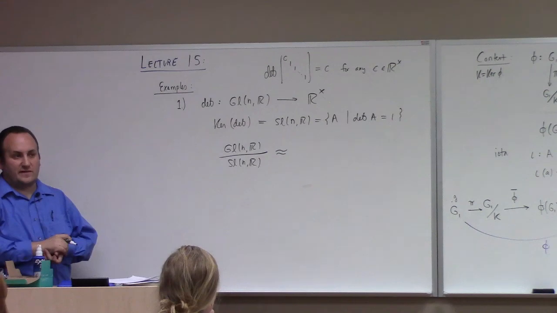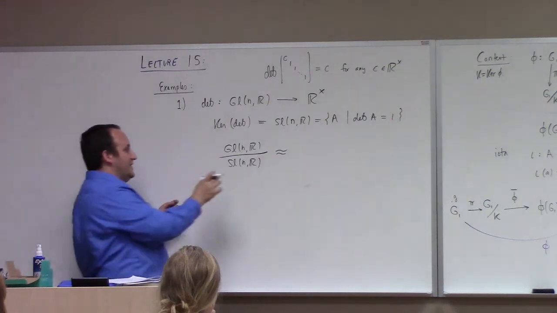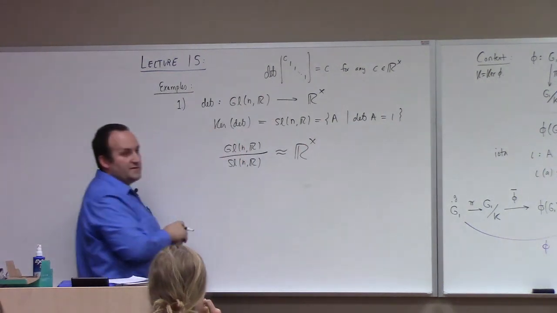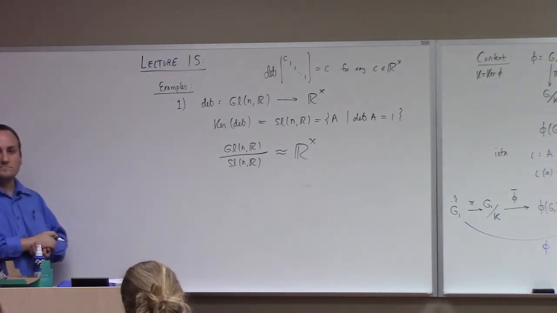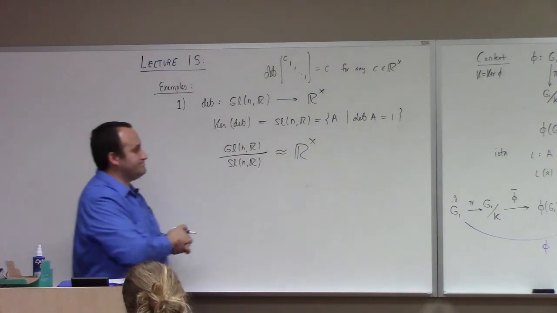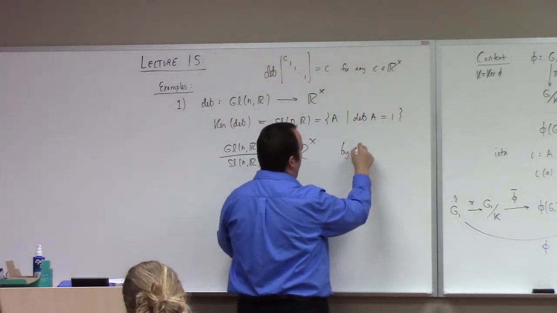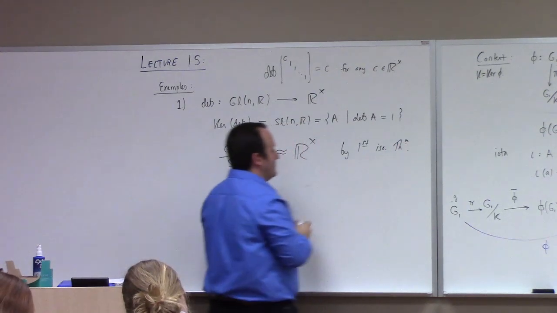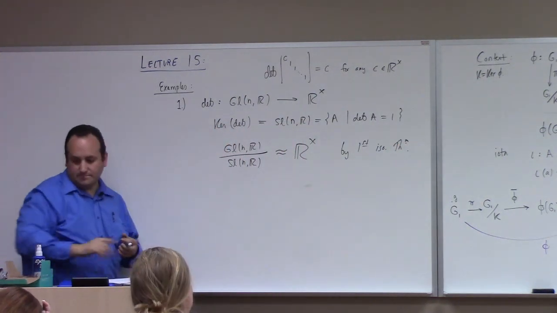So the determinant's a surjection, which means that this is actually isomorphic to that by the first isomorphism theorem. Okay? So there's an example of it.